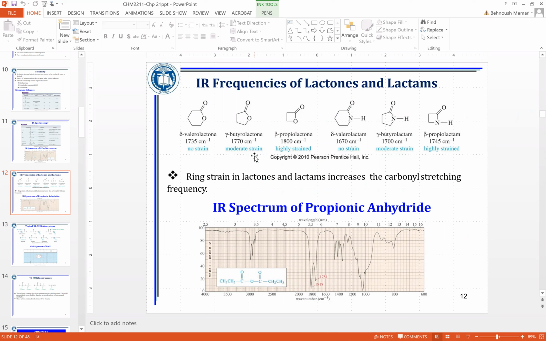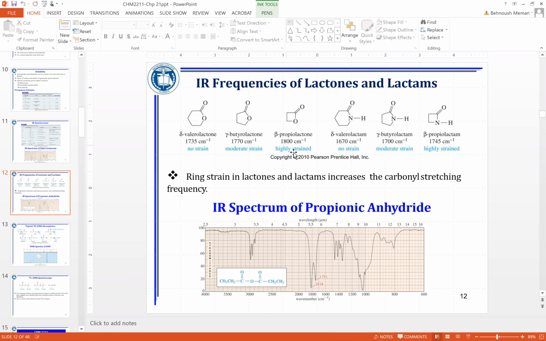So for cyclic esters, the ring strain is also going to affect the number for the CO double bond. The more relaxed or more stable ones are the 5-member and 6-member rings. If it's a 4-member ring, this number is going to increase.